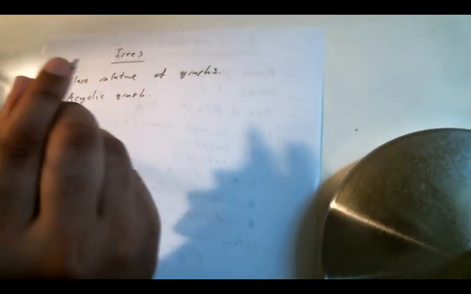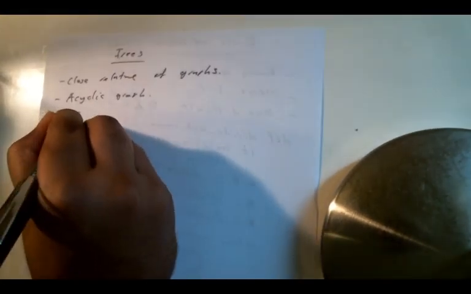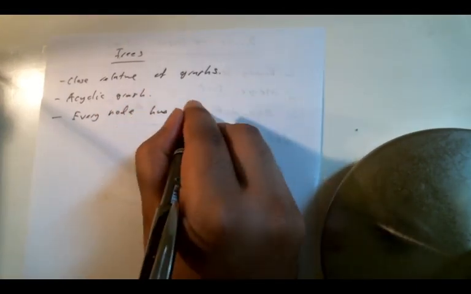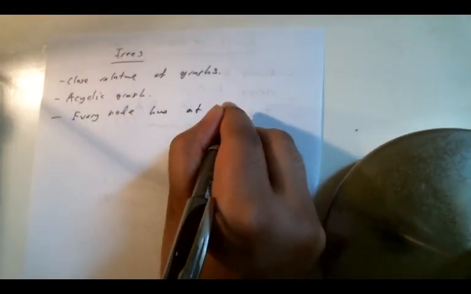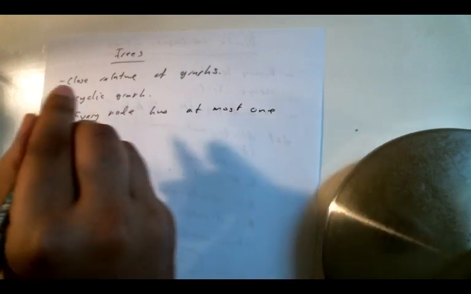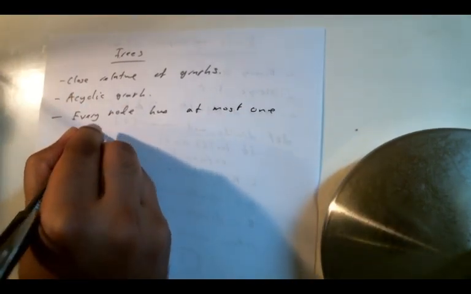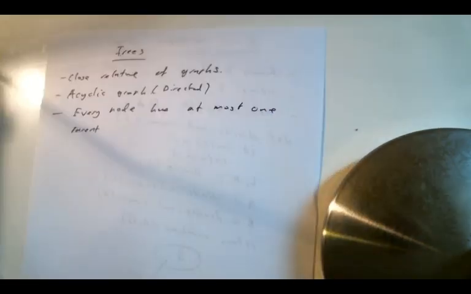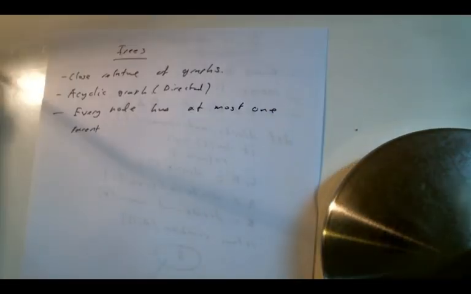And they have a special structure where every node has at most one parent. I'll say that they're also directed. In some sense they are directed in that there's a direction for a parent and a child and so forth. Okay?